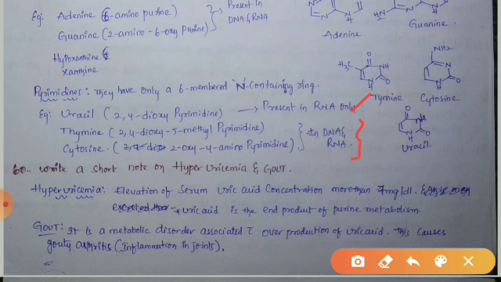The adenine and guanine are found in DNA as well as RNA. Examples for pyrimidines are uracil, thymine, cytosine. The structures are as follows. Thymine, cytosine and uracil have only one heterocyclic ring system having nitrogens.